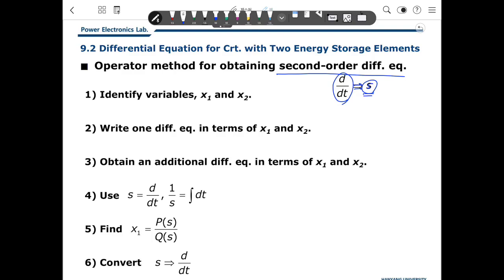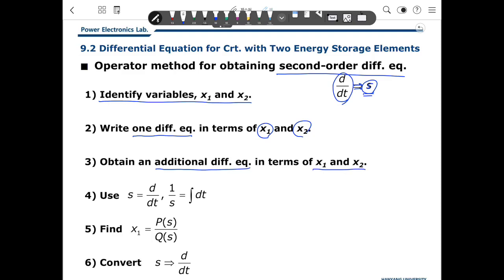But okay, for the way of using the operator method, at first we should define the variables x1, x2 the same way, because we need to define the variables we have to get. That is the inductor current or capacitor voltage. In the same way, you can write the differential equations based on x1 and x2, the same thing. And we obtain the additional differential equation in terms of x1, x2.